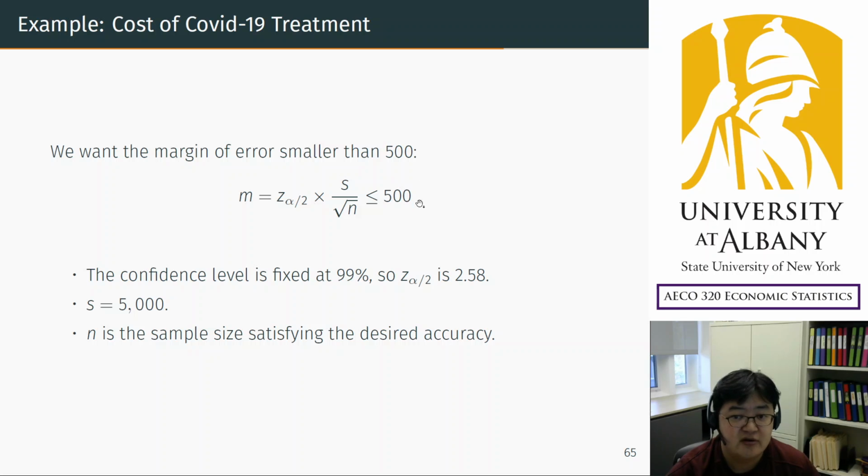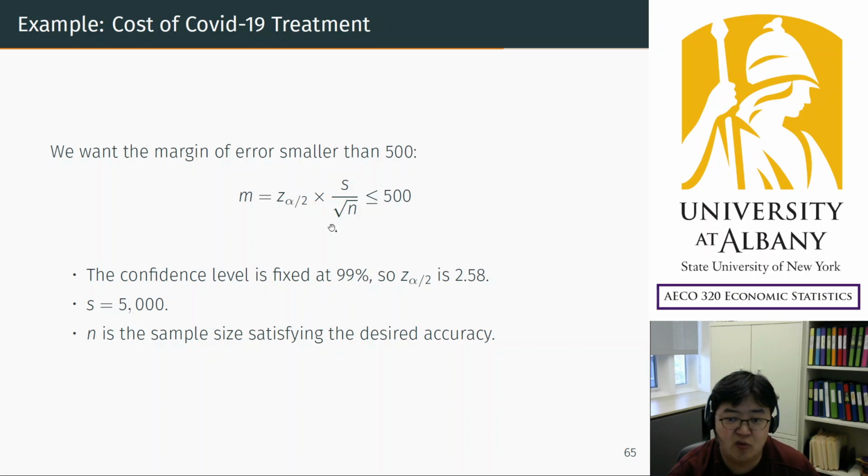Just solve this inequality. In here, what's fixed is the error probability. The confidence level is fixed, and standard deviation is also fixed. It's calculated from the data, and the sample size n is the unknown. We need to solve this inequality for sample size n, right?